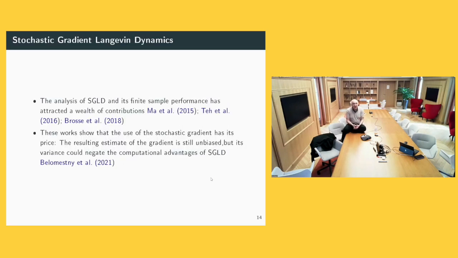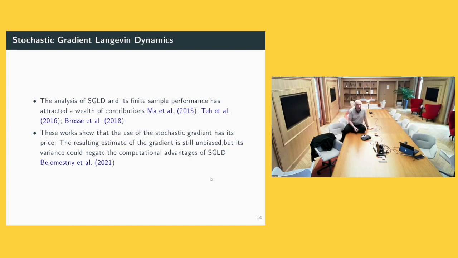The analysis of its finite sample performance has attracted many contributions, from Ma, Li, Wai, myself, and Brosse. What we obtain is that the resulting estimate of the gradient is still unbiased, but the variance could negate the computational advantage of SGLD.